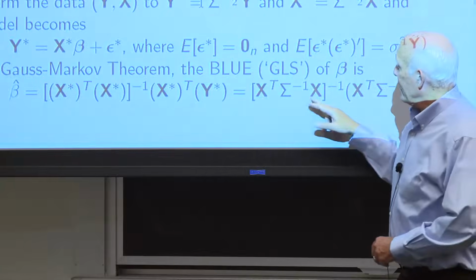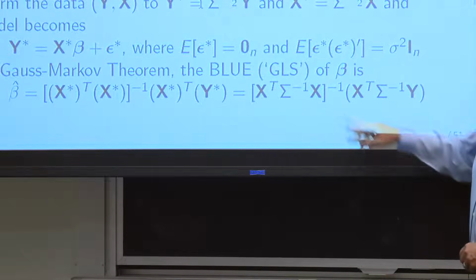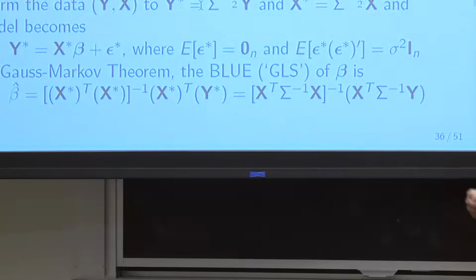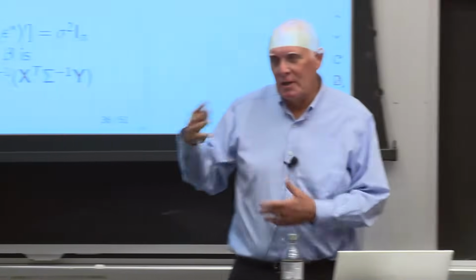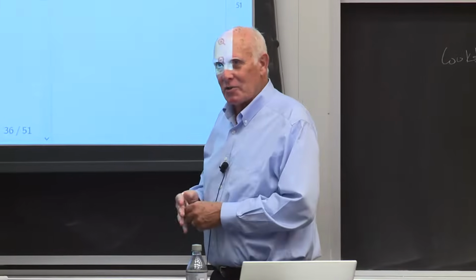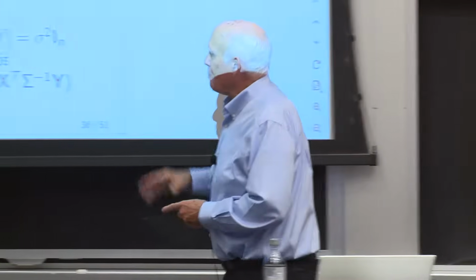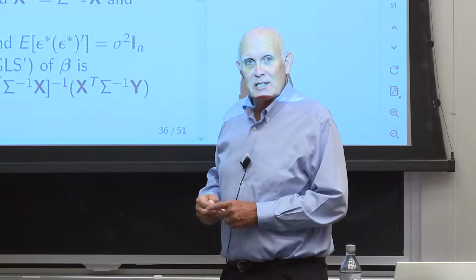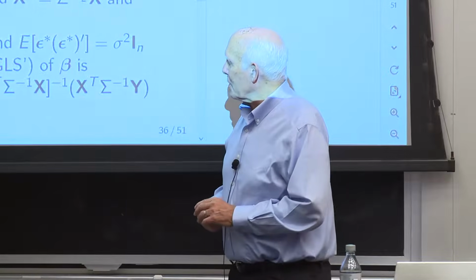And when we write that out, it ends up giving us this formula for the generalized least squares estimate. And so if we have variable errors where we know the relative variation of those errors, we can accommodate that and get best estimates with this generalized least squares formula.